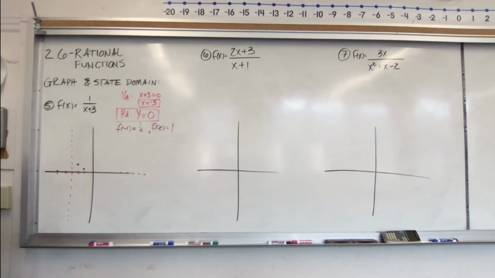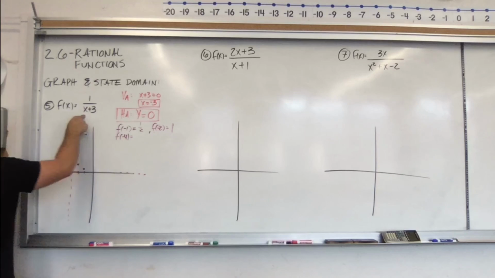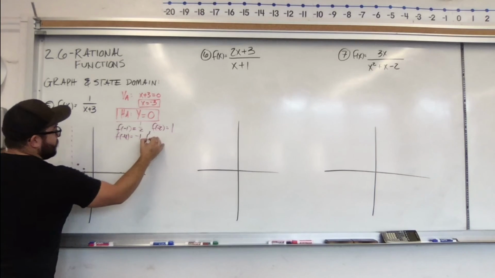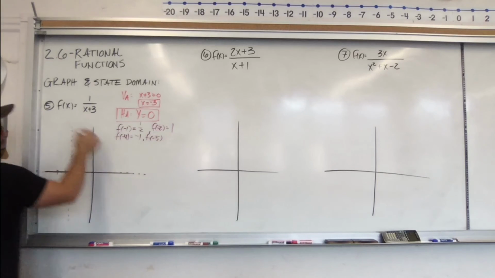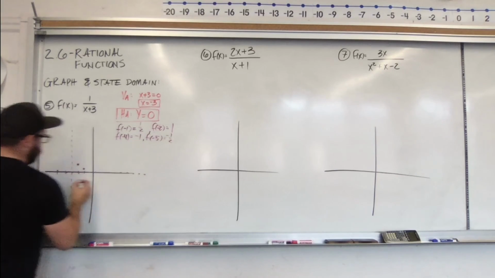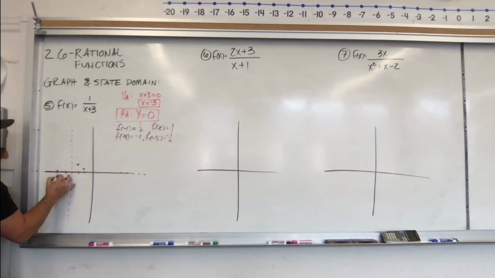Now, when it comes to our other side, we had negative 4 and negative 5, so we have f of negative 4. Plug in negative 4, you get negative 1. And f of negative 5, you get negative 1/2. So we get negative 1, and then negative 1/2.